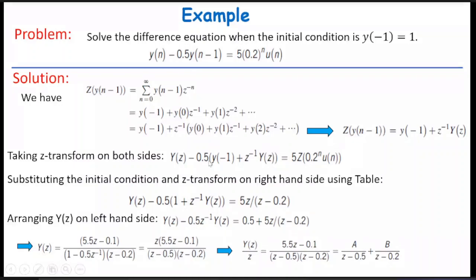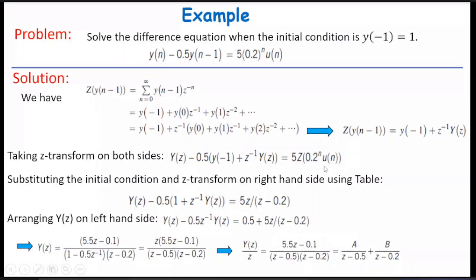And on the right hand side it is 5 into the z transform of this function, which you know is z by z minus 2, z by z minus 0.2.